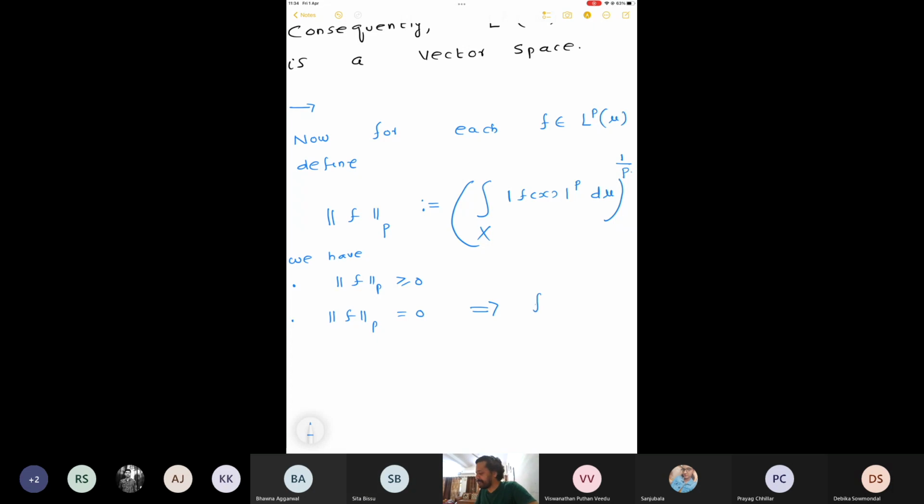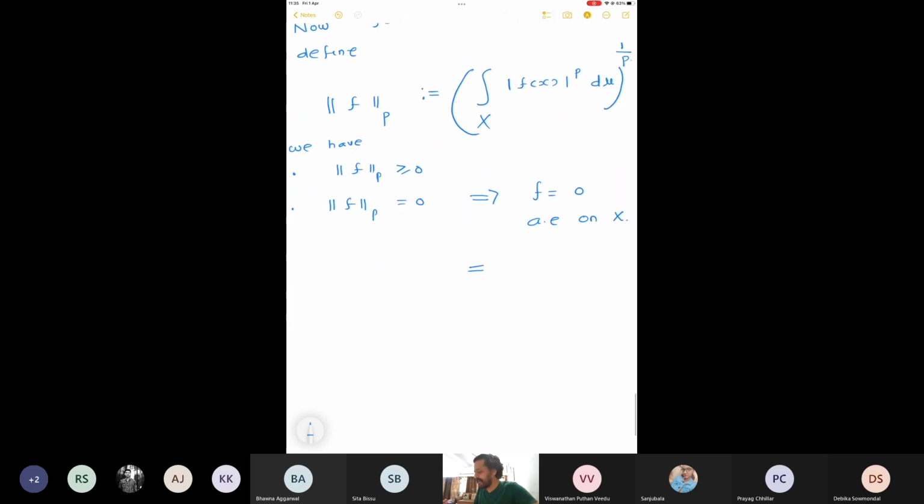So I can say that this implies f is equal to 0 almost everywhere on X. But already we have identified two functions that are equal almost everywhere, with that equivalence relation. So once f is equal to 0 almost everywhere, with the identification we have in mind, f is equal to 0.